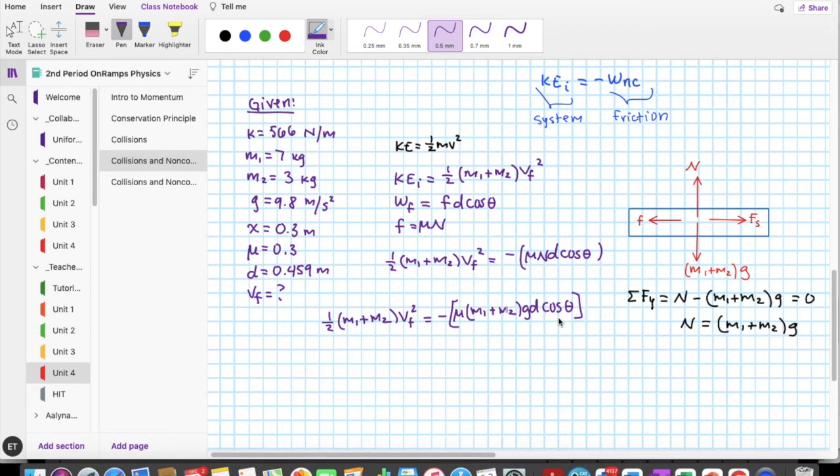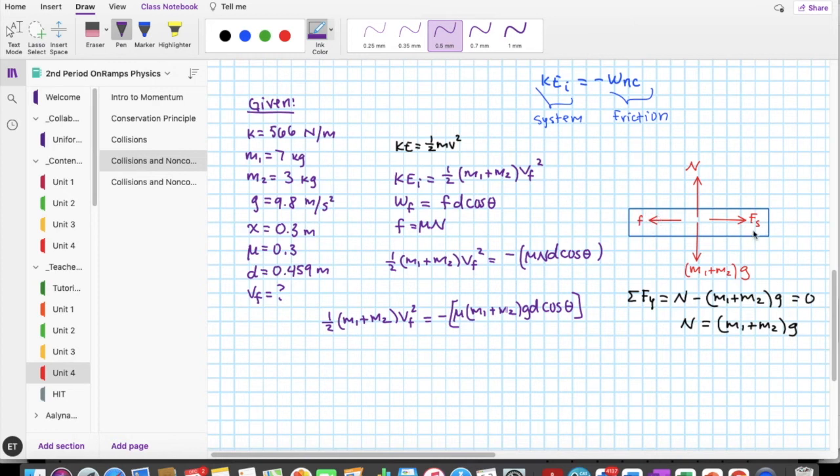Theta represents the angle of the force being applied, and then you have the force of friction moving horizontally to the left, and the force applied by the spring horizontally to the right. Both of them are horizontal, so it's either 0 degrees or 180 in this case.